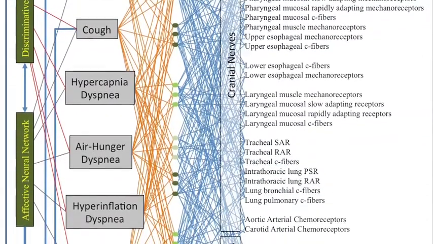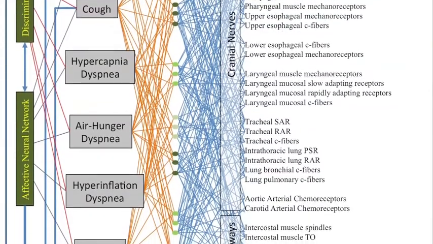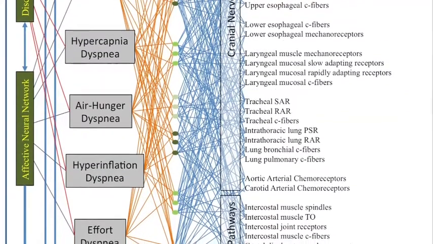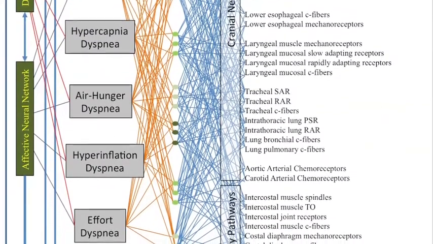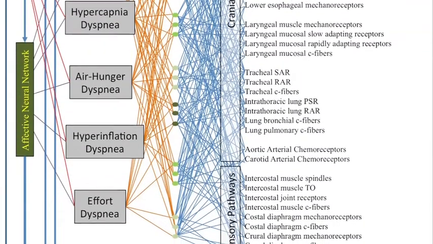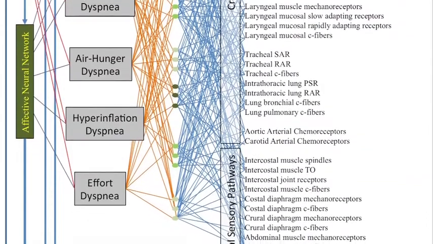In essence, and this is all made up, we do have some data on some types of neurons, but I'm trying to come up with a conceptual framework for how we can generate specificity in sensation. The first step is the second order integration of a variety of inputs.